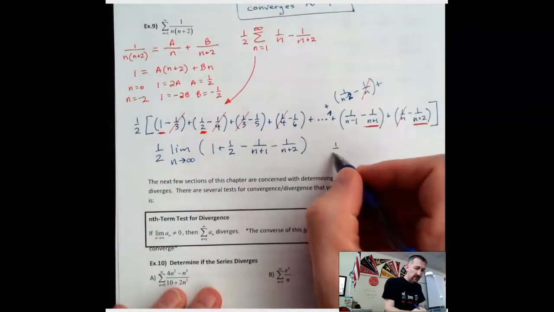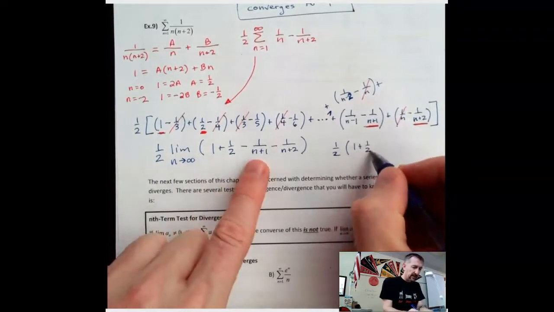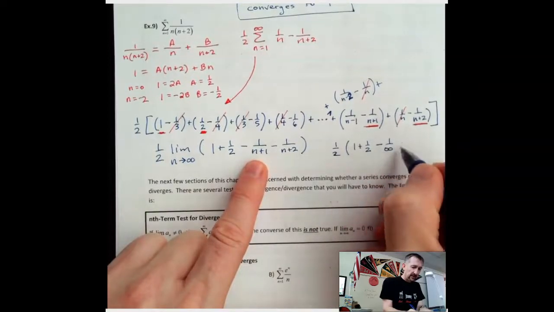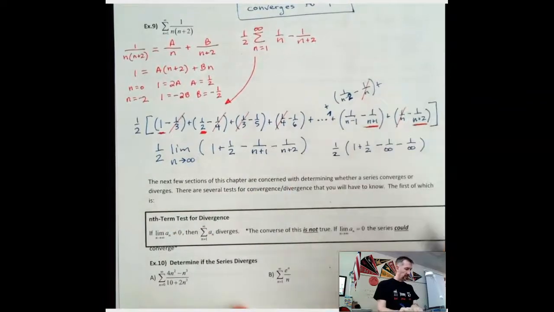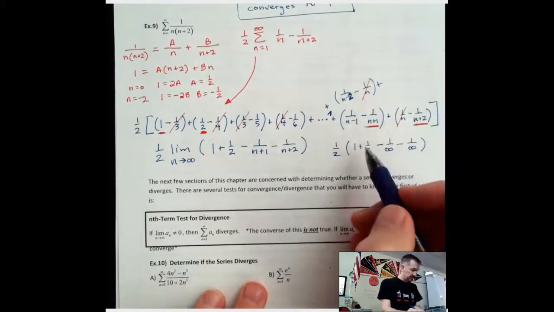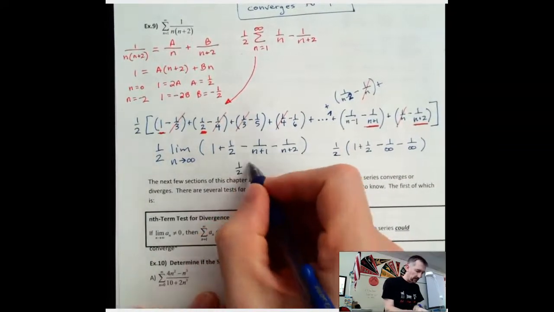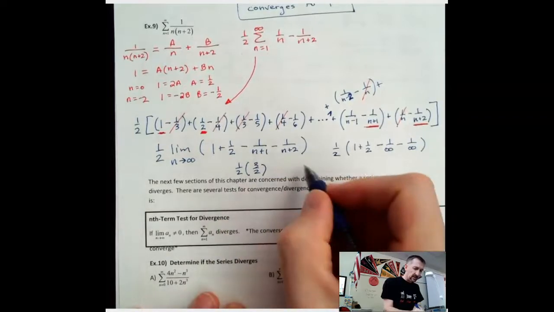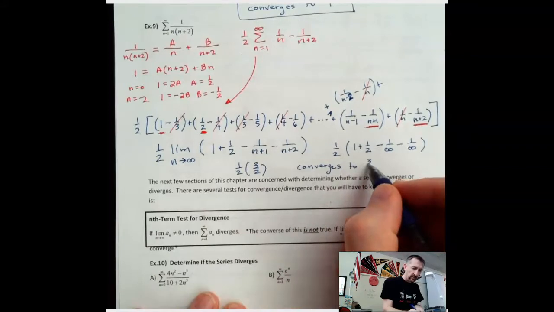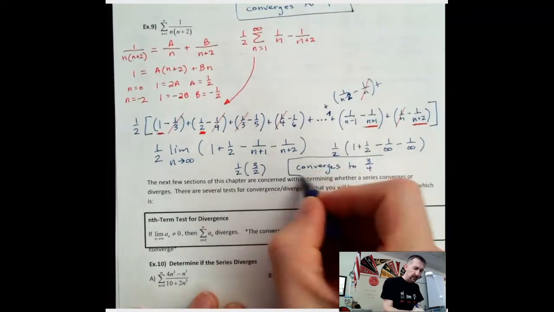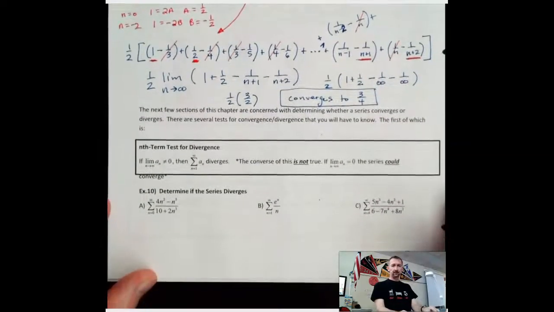So that's going to be 1/2 times 1 plus 1/2 minus 1 over infinity minus 1 over infinity. Okay, so that's 1/2 times 3/2. So this converges to 3/4. Okay, we're almost done. All right.